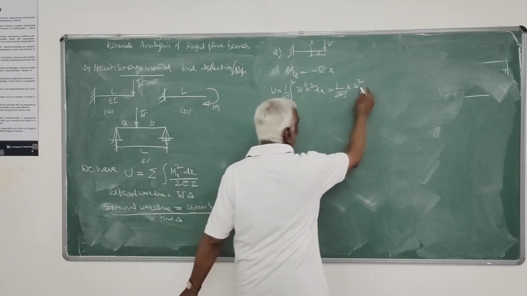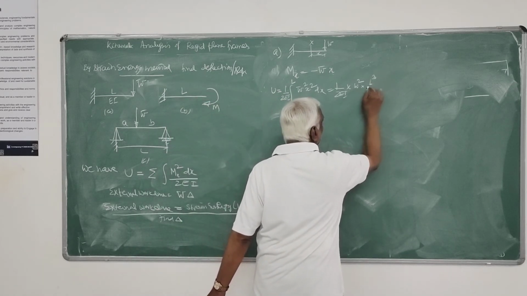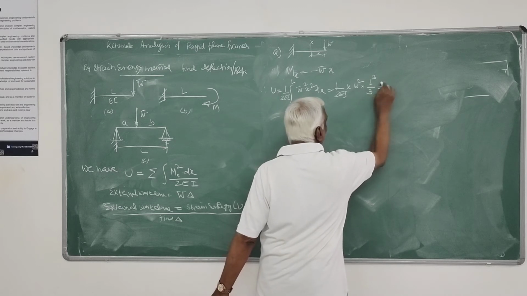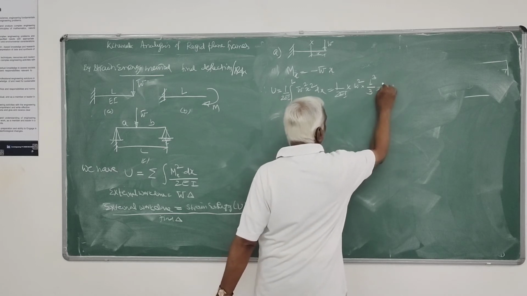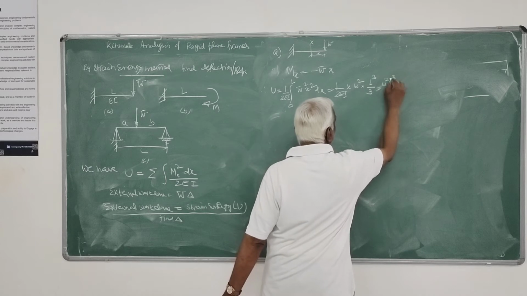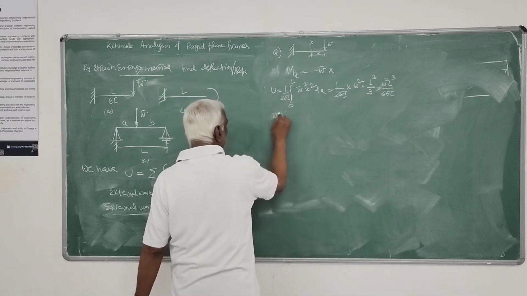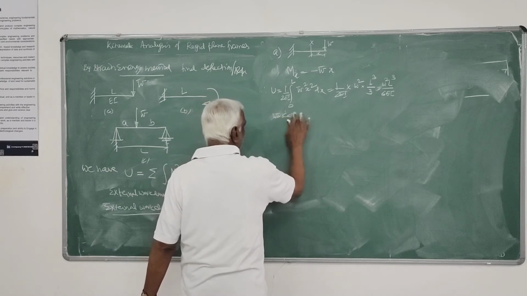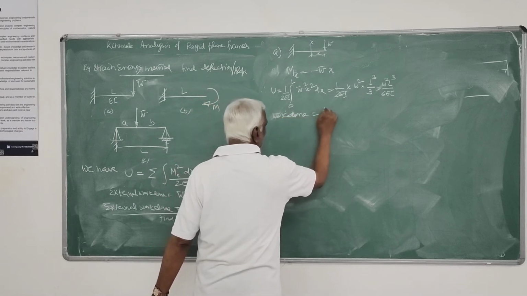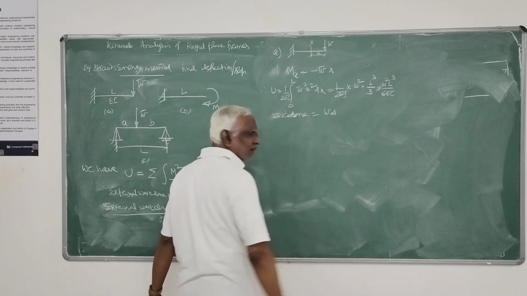If I substitute the lower and upper limits, it will be L cube by 3. That is W square L cube divided by 6EI. Work done is W delta.